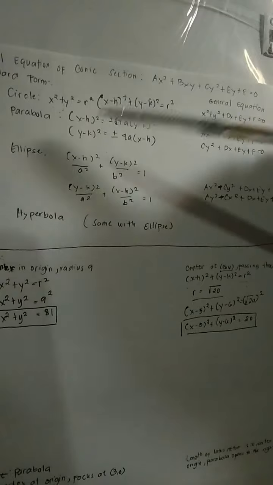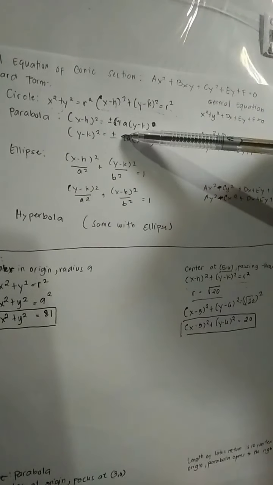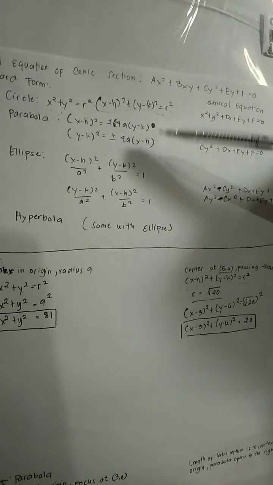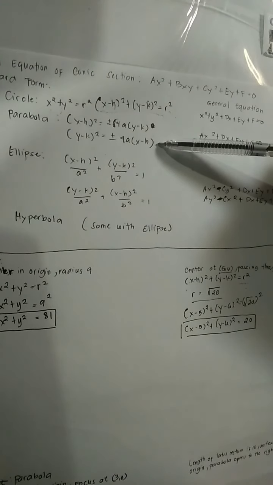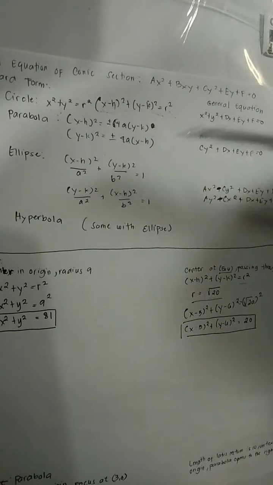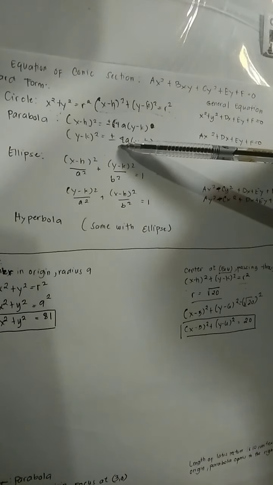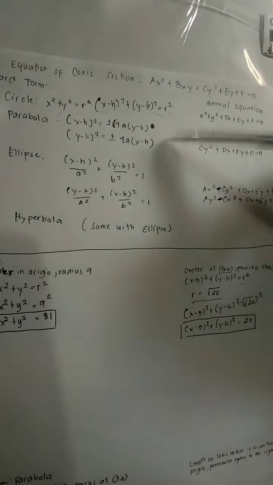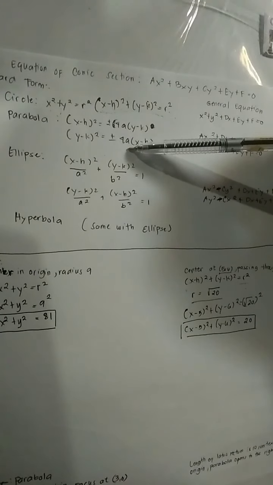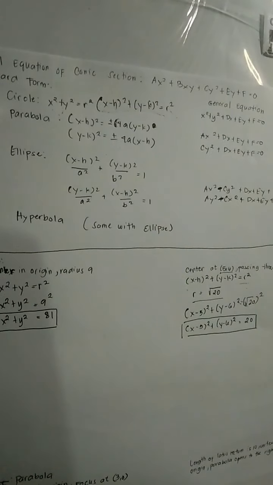If it's (y minus k) squared is equal to positive 4a(x minus h), the parabola opens to the right, and if 4a is negative, it opens to the left. 4a is the length of the latus rectum. Ayan.